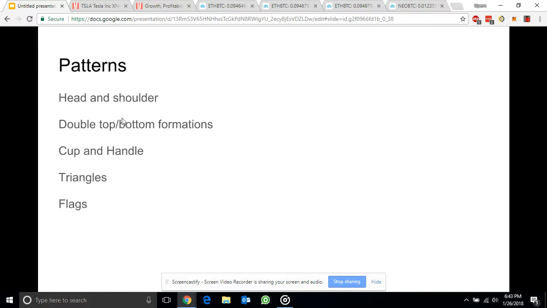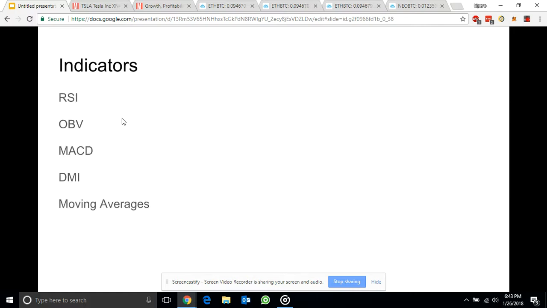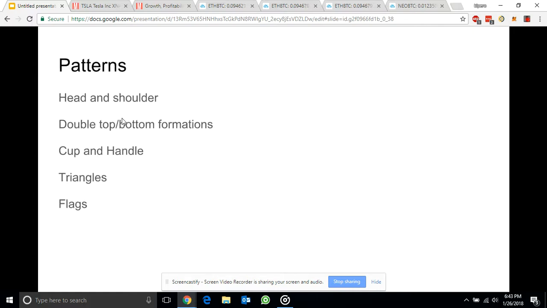Also, if you would like to learn about them, probably going to Investopedia or Wikipedia, or just Googling those patterns would give you some insight about what those patterns mean.